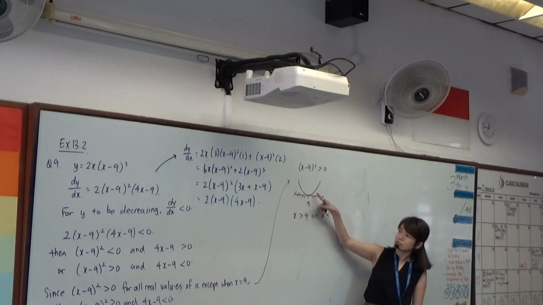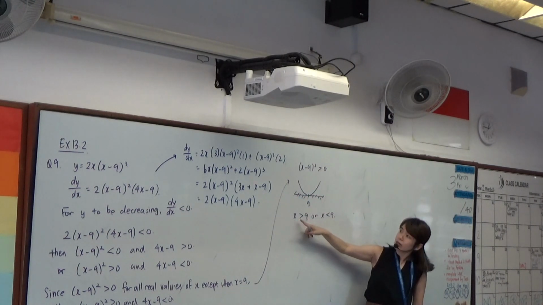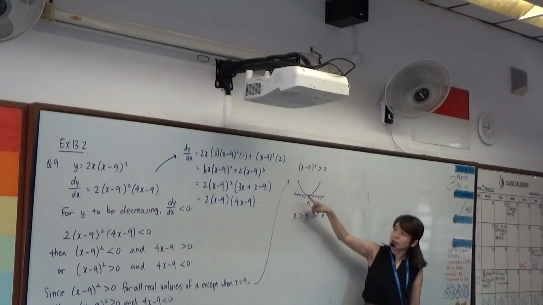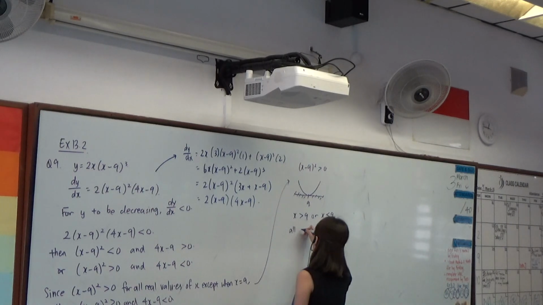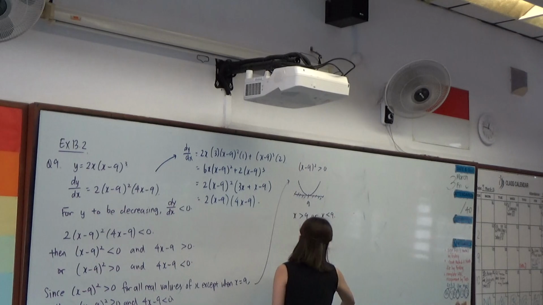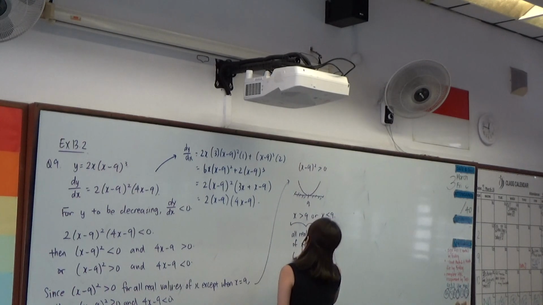That means we're shading this and this. Then because we end up shading both sides, which means x more than 9 or x less than 9, it basically means that all real values of x satisfy (x minus 9) squared more than 0.